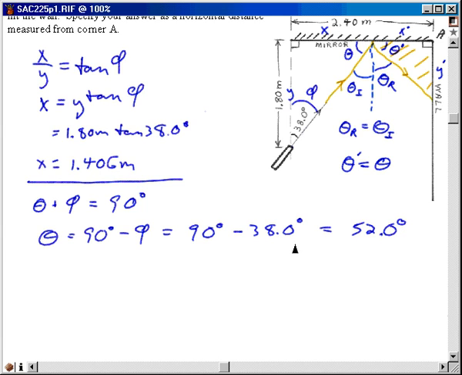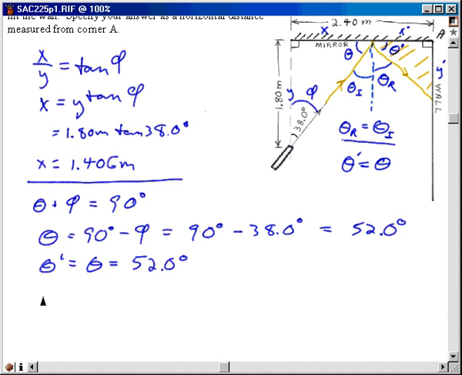And that makes theta prime equal to 52 degrees, because that's equal to theta. And that came about because of our law of reflection. Theta R is equal to theta I.